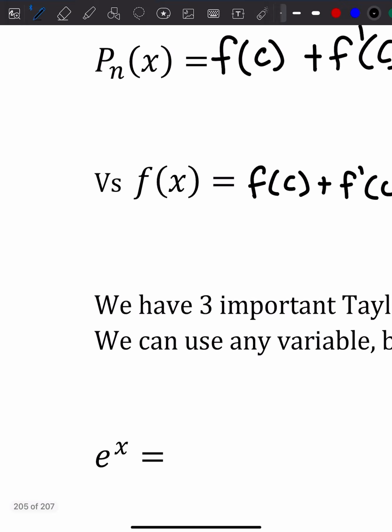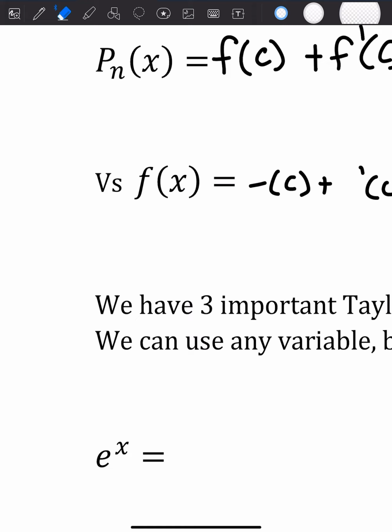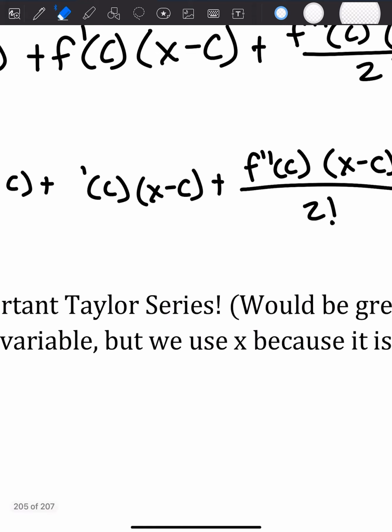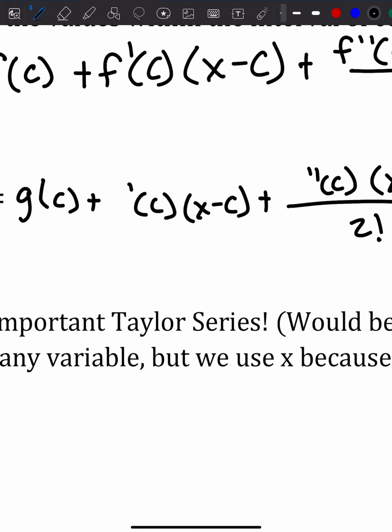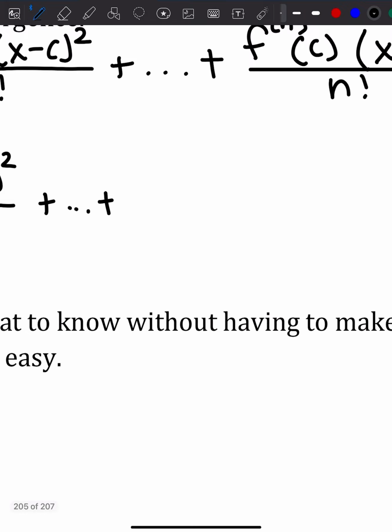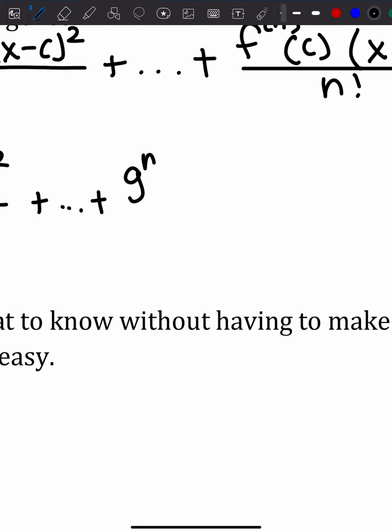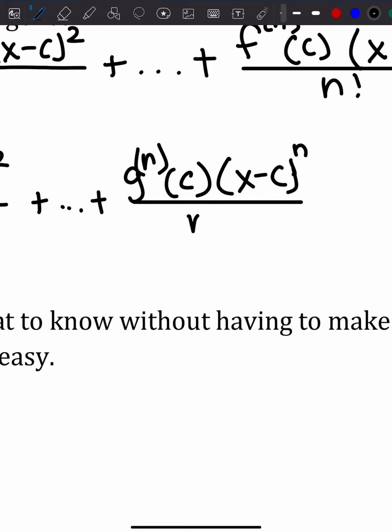What am I doing? We're going to use g's, so that way it's a different function. All the way till we get to the nth derivative of g at whatever value we're looking at times x minus c to the n divided by n factorial.